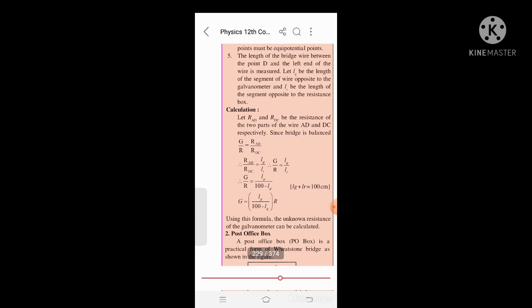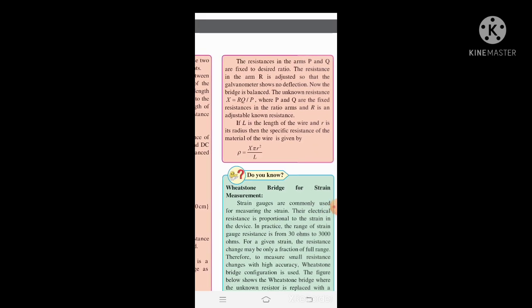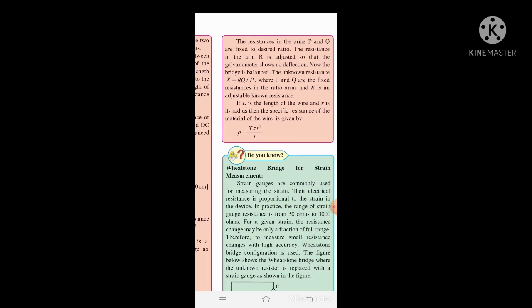After that, another application of Wheatstone's meter bridge, that is the post office box. A post office box is a practical form of Wheatstone's meter bridge as shown in the figure. The resistances in the arms P and Q are fixed to a desired ratio.